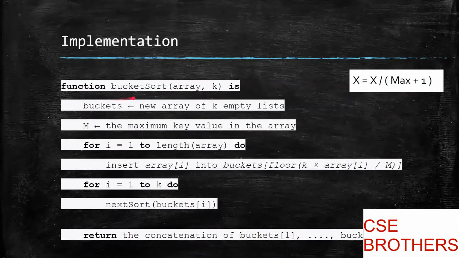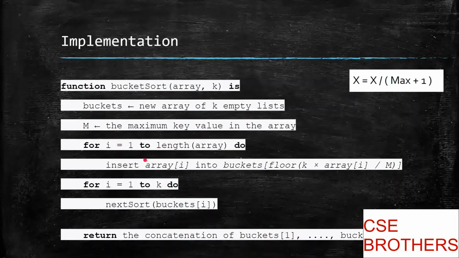Here is our function bucket sort, which has two arguments. The first one is the input array, which needs to be sorted, and the second one is k, the number of buckets. First of all, we assign a new array of k empty lists to buckets, and the maximum value available in the array to m.